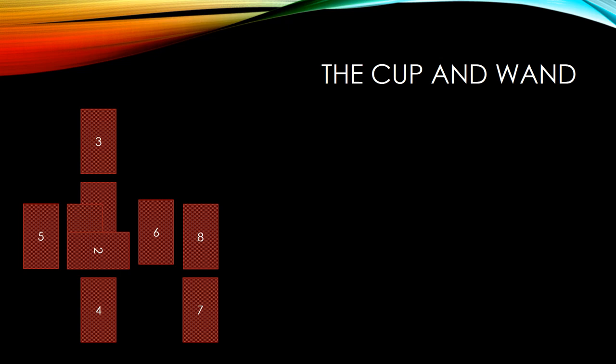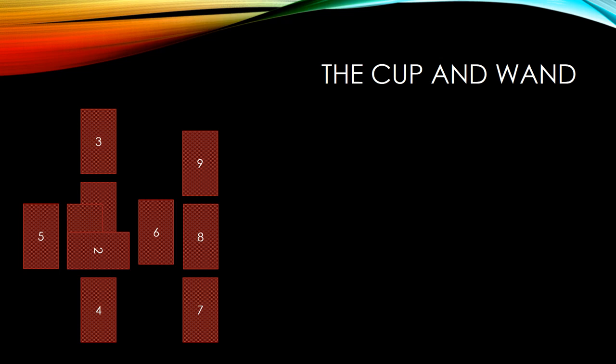And then you see the Cup and Wand and the Celtic Cross come back together, and they're both talking about hopes and fears or hopes and wishes. In the Cup and Wand, it's hopes and wishes. In the Celtic Cross, it's hopes and fears. And it's pretty much self-explanatory.